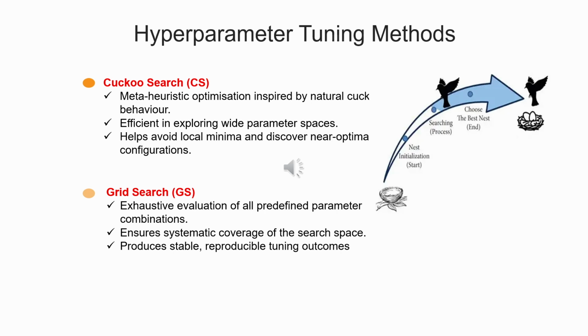Hyperparameter tuning methods. We have two methods, Cuckoo search and grid search. Cuckoo search, we can say, is a meta-heuristic optimization inspired by natural cuckoo behavior, efficient in exploring wide parameter spaces, helps avoid local minima and discover near optimal configurations.